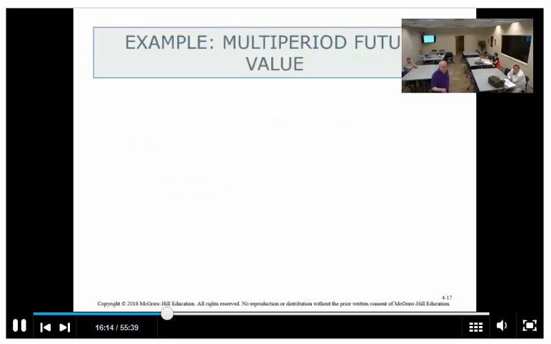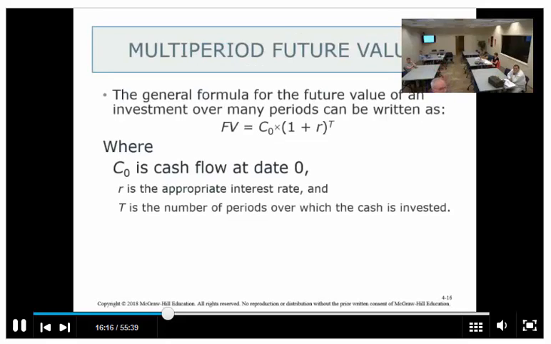Now again, you can do this in Excel, where I had the future value as being one period, but if we're dealing with more than one period, that's what the T represents.